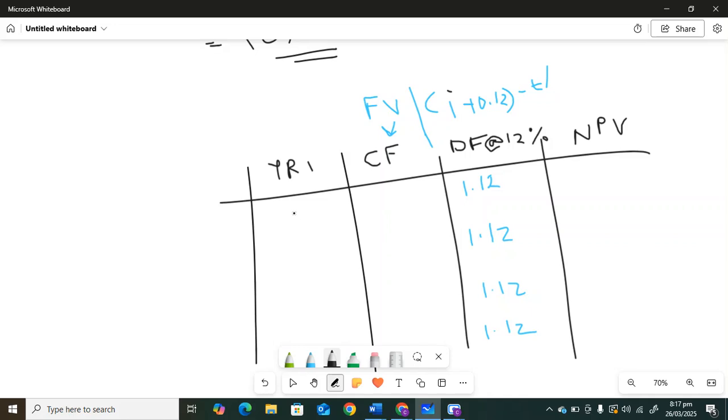So we put in our years. Year 0, this is when you are paying for the investment. The cost of the investment, negative 2,000. Colleagues, why are we representing it as negative?